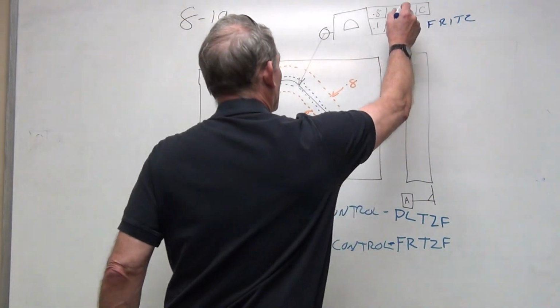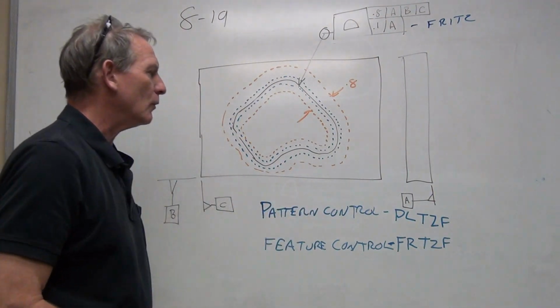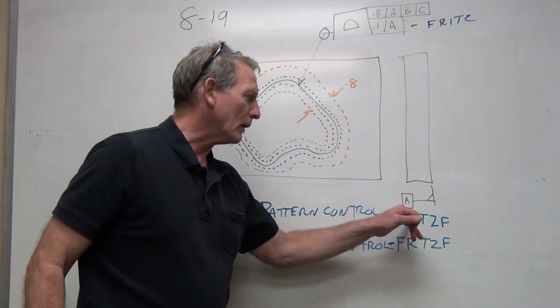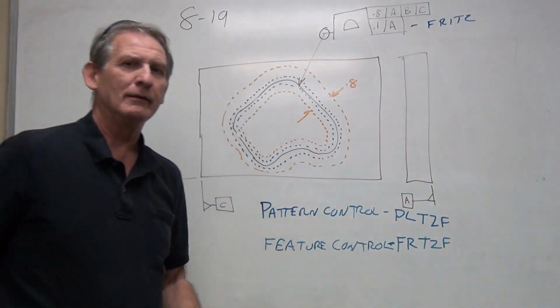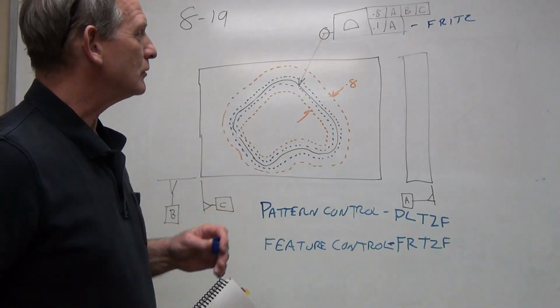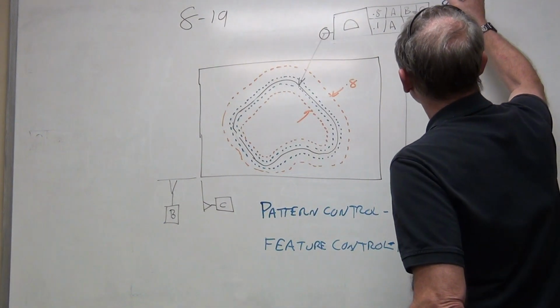The upper tolerance zone, I call the pattern control, but the GD&T standard calls it the pattern locating tolerance zone framework. Again, a clumsy, cumbersome terminology, and nobody uses it, but we call this the plots.